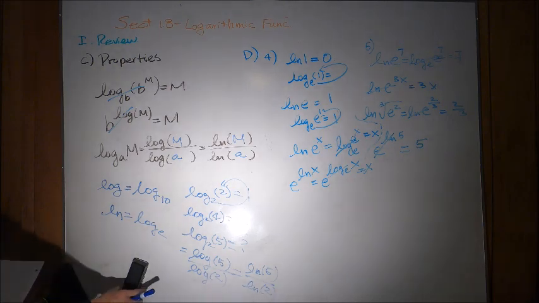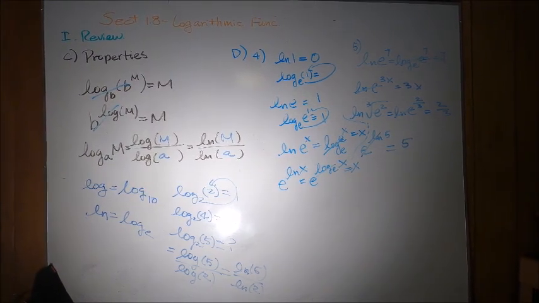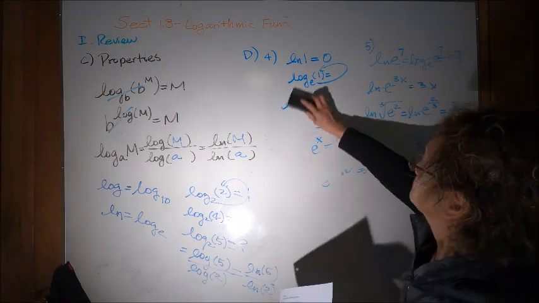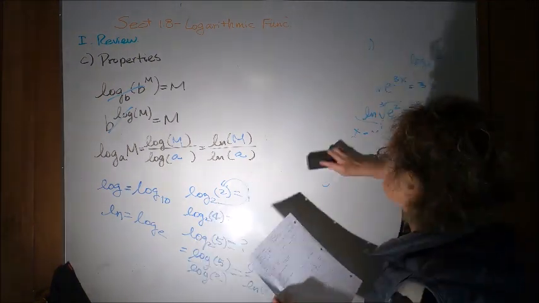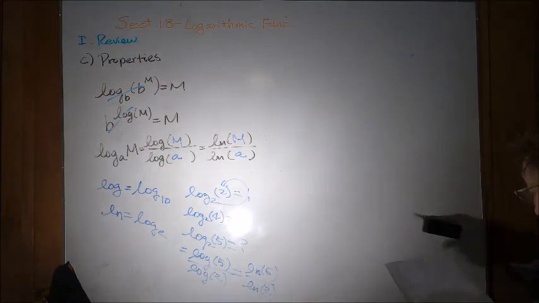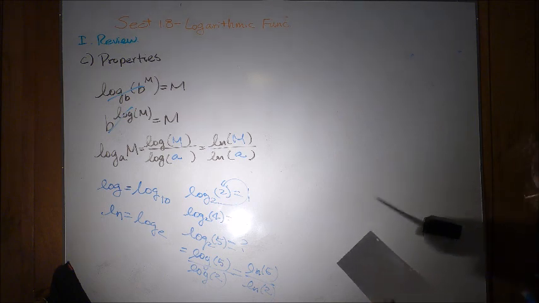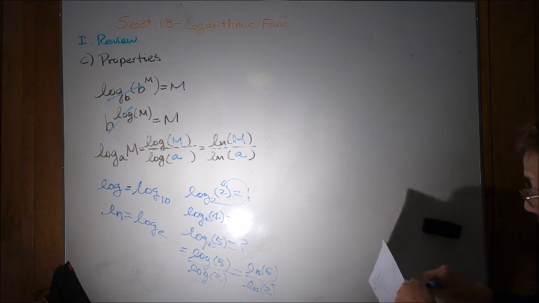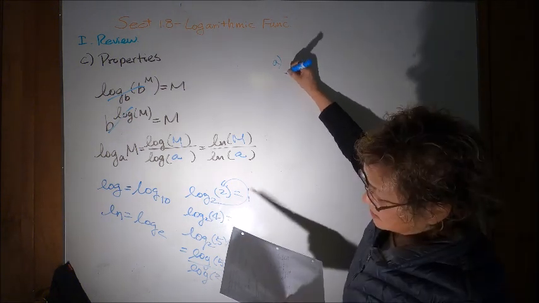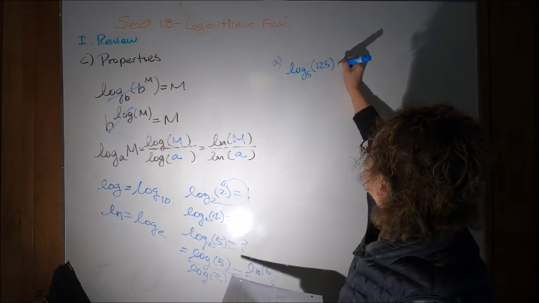Okay, so let's look at some more examples for the numbers. On your right hand side portion of it, we haven't talked about. Take a look at those. Okay, so on your right hand side, you have log base 5 of 125.